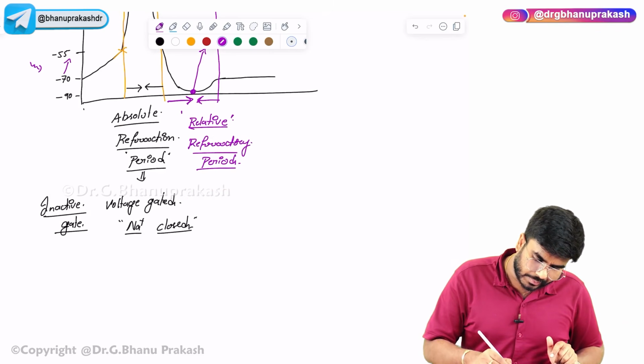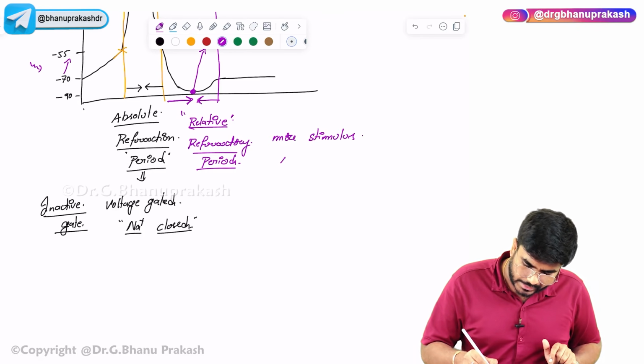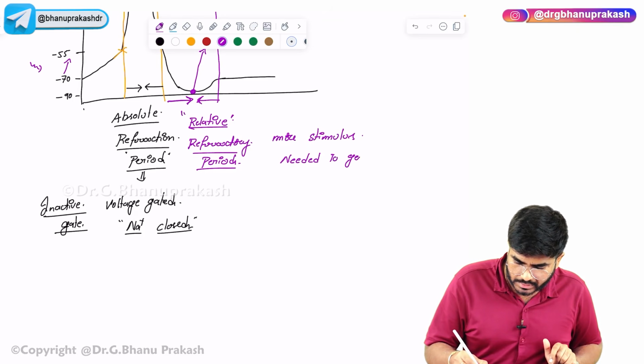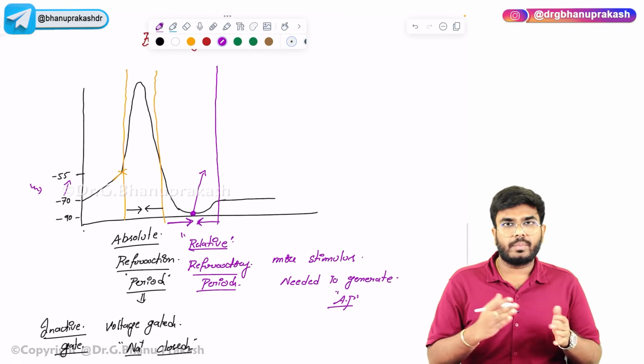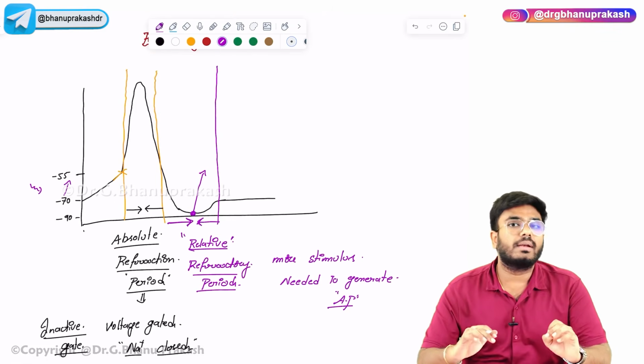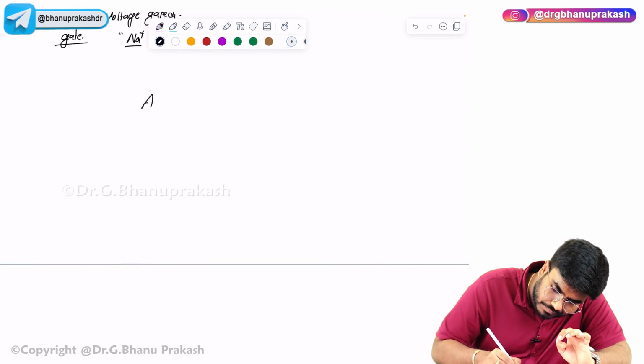So in the relative refractory period, more stimulus is needed to generate an action potential, or to depolarize. Two refractory periods are completed: absolute refractory period and relative refractory period. Now after this, the all or none law.